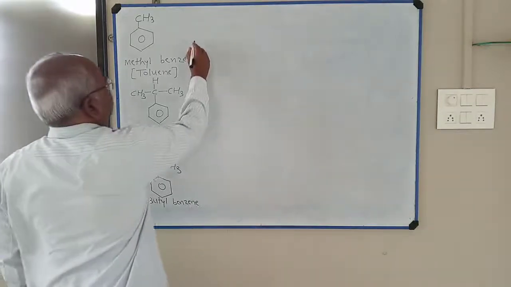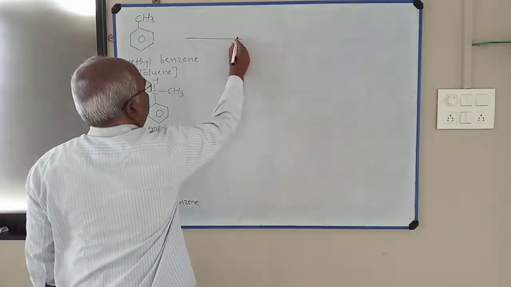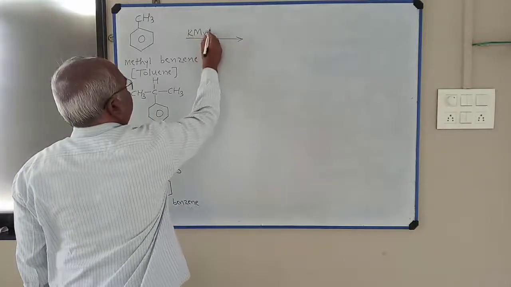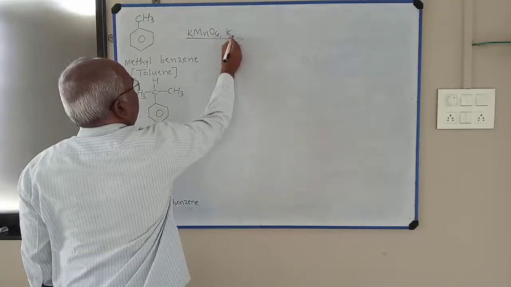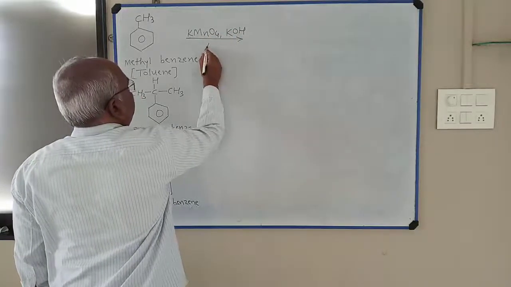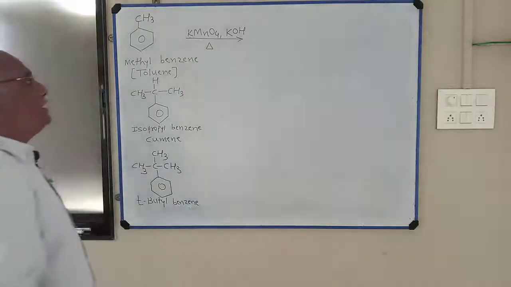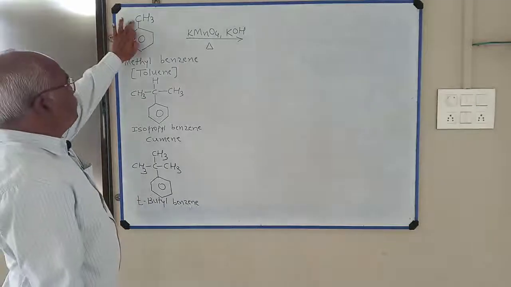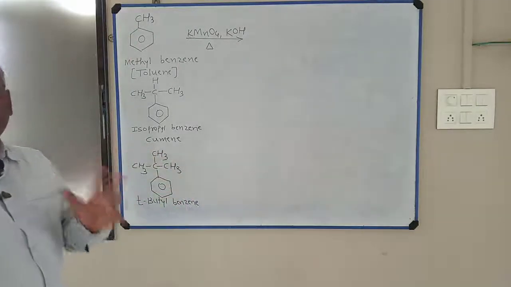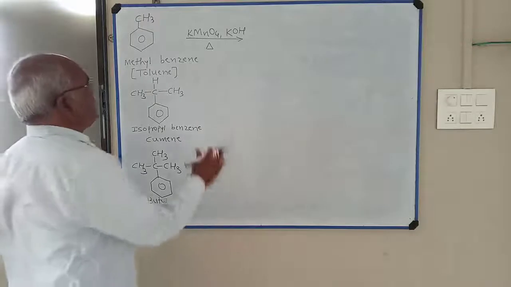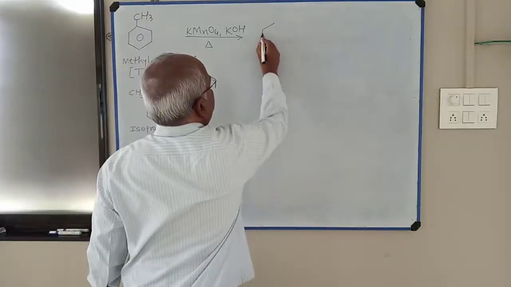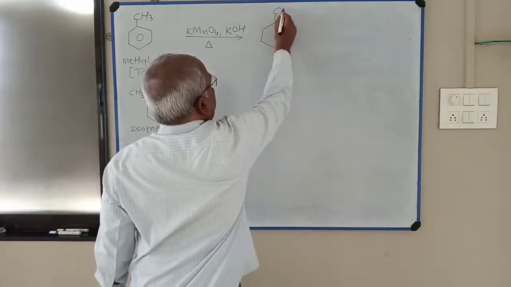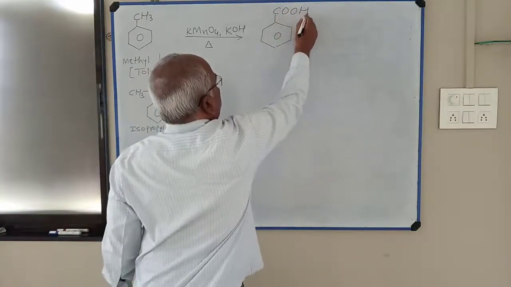Its oxidation is carried out. For oxidation, potassium permanganate, KOH, alkaline potassium permanganate is used. The CH3 group is oxidized to COOH group. So I write here COOH.